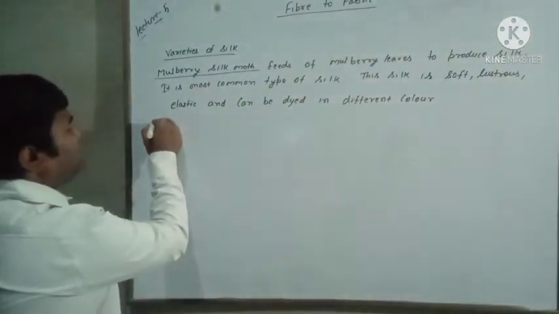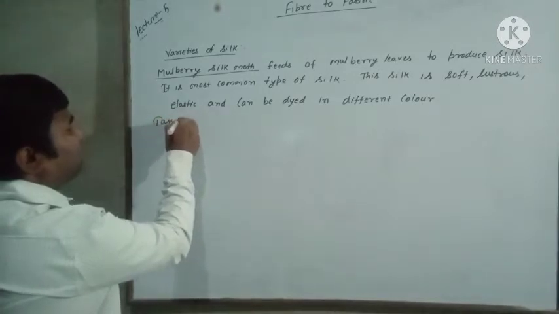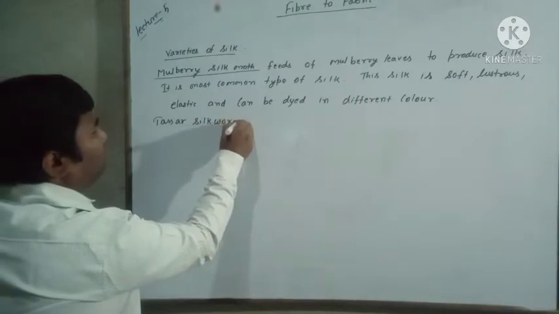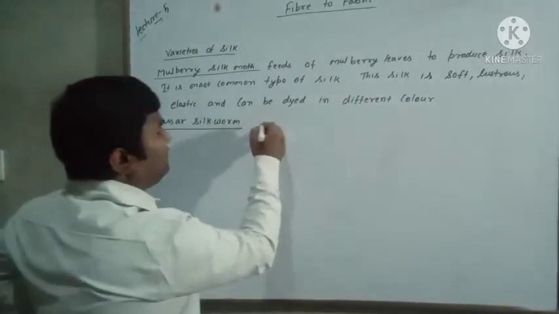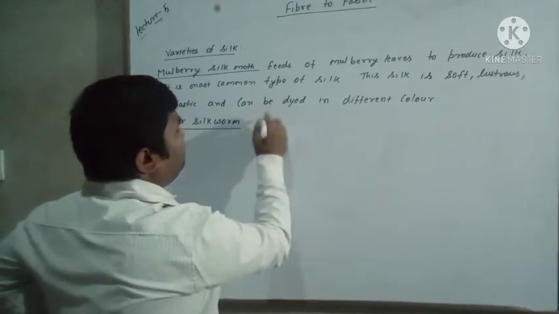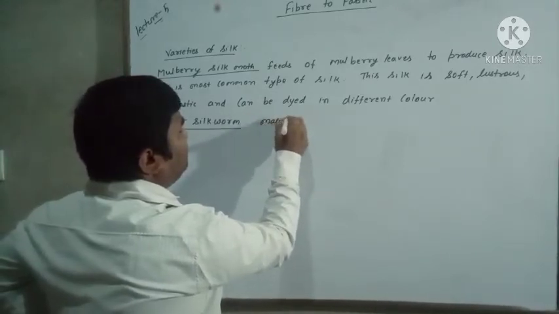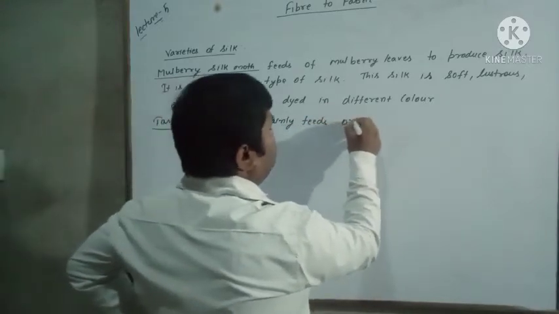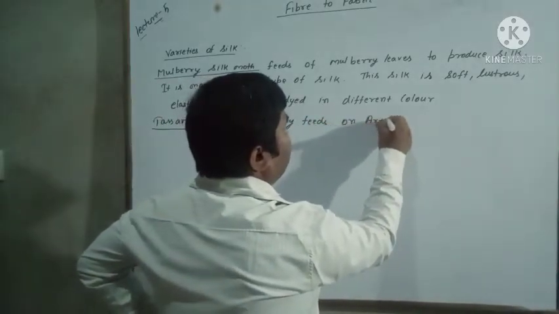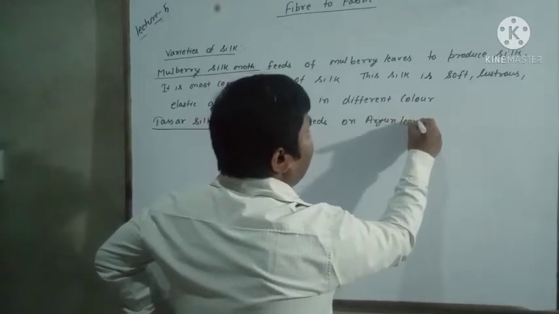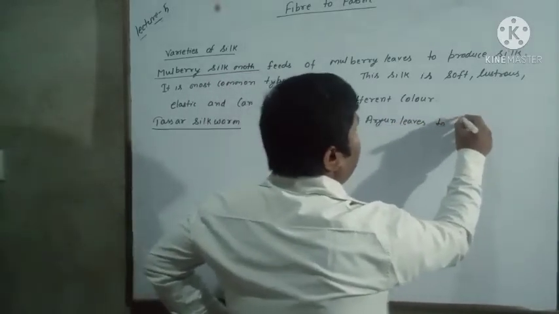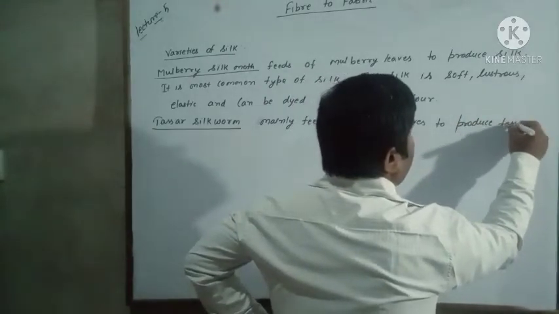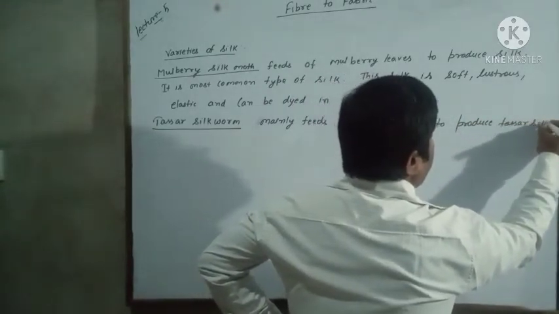Next is the Tussar silkworm. It mainly feeds on Arjun leaves to produce Tasar silk.